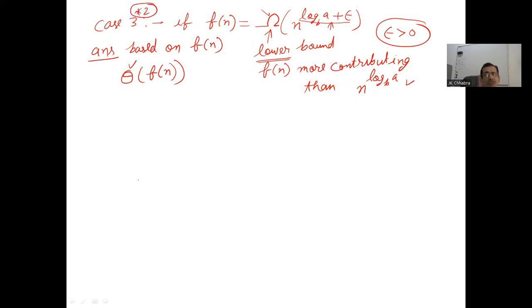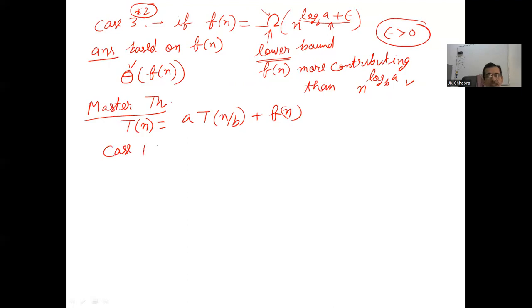The conditions for star 1 and star 2 I will define later, but I quickly write once again all three cases. If I have master theorem applicability, then for a T of n by b plus Fn, if I am saying T of n is to be computed, then I say case 1 with a certain condition.